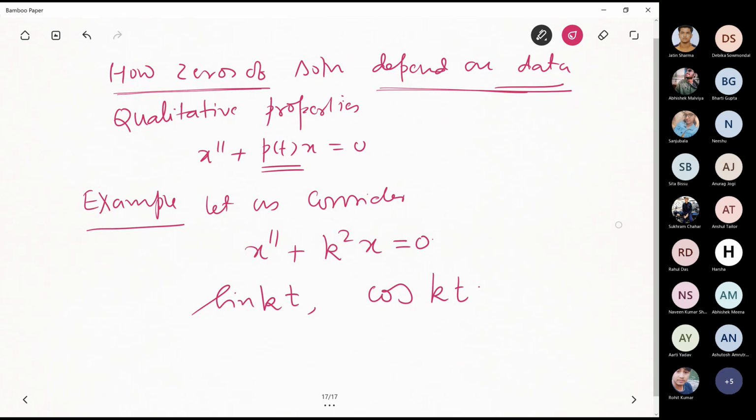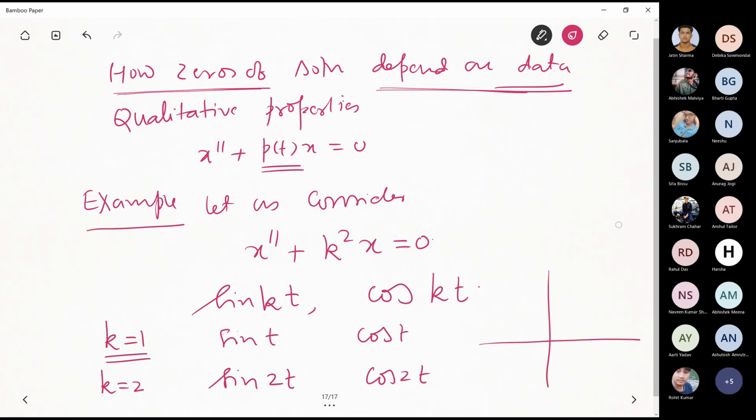If you take k equals 1, you have sin t and cos t. And when k equals 2, it is going to be sin 2t and cos 2t. Now compare the number of zeros of sin t and sin 2t in, say, 0 to 2 pi.